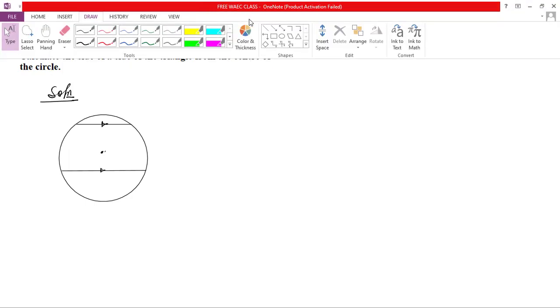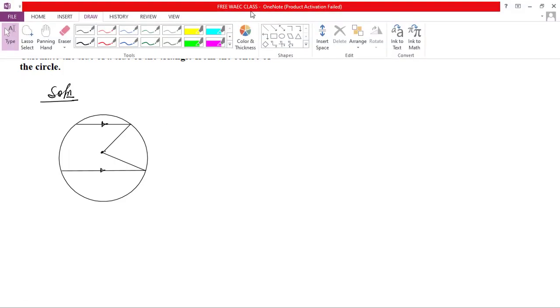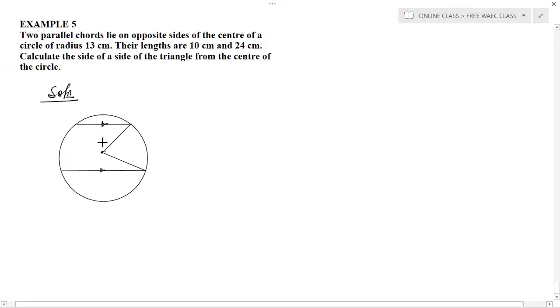Now, let's put the radius there. Now, we have the radius drawn. Then we still need to draw something again.